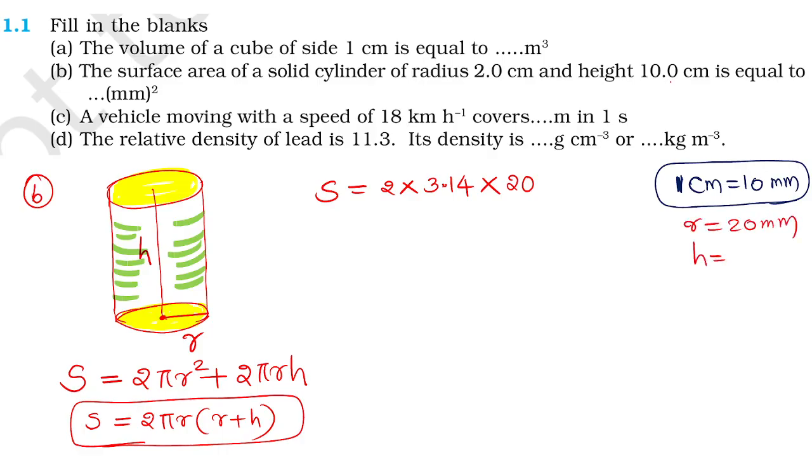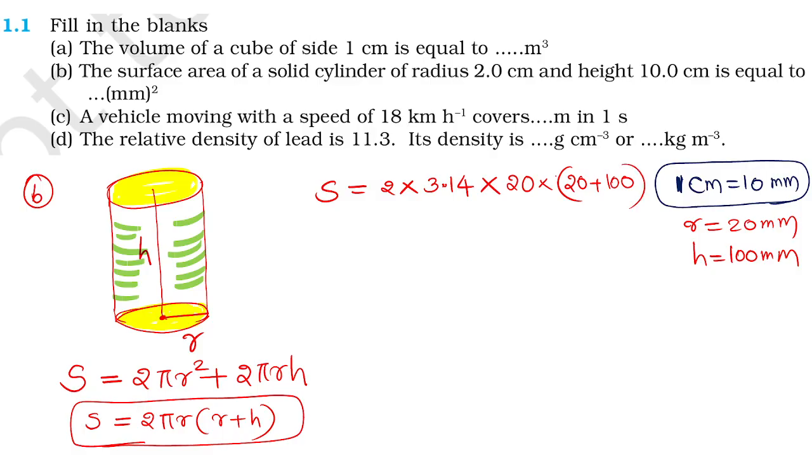Height is equal to 10 centimeter, which is 10 into 10 millimeter, or 100 millimeter. So 2 pi r, radius is 20 millimeter, into r plus h, where r is 20 millimeter and h is 100 millimeter.